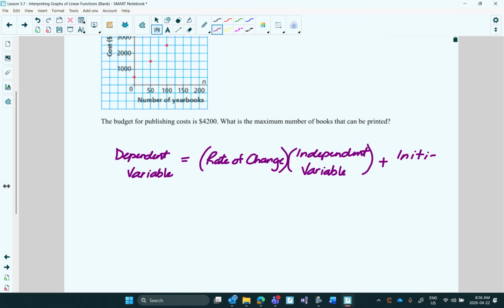And really, the initial amount is the y-intercept.